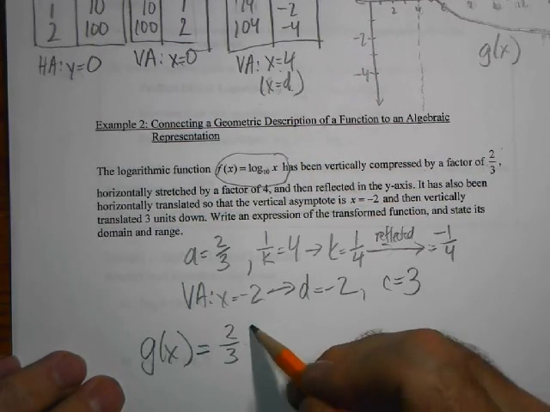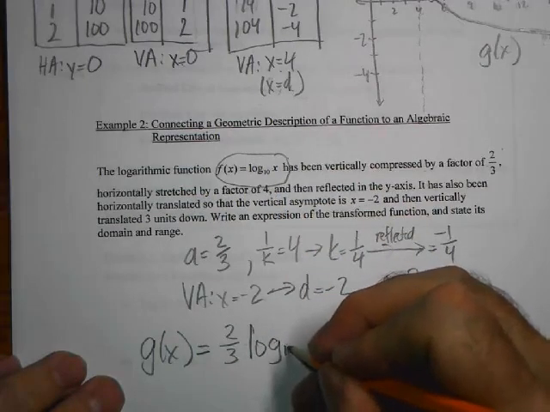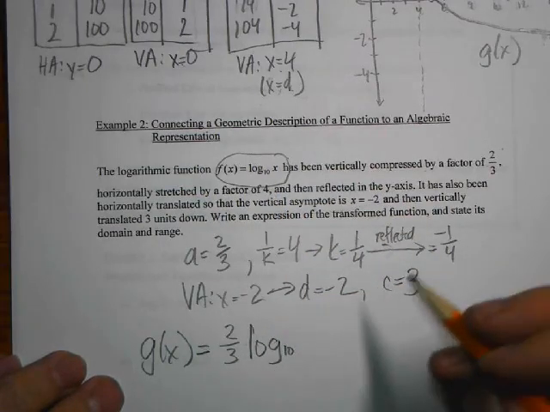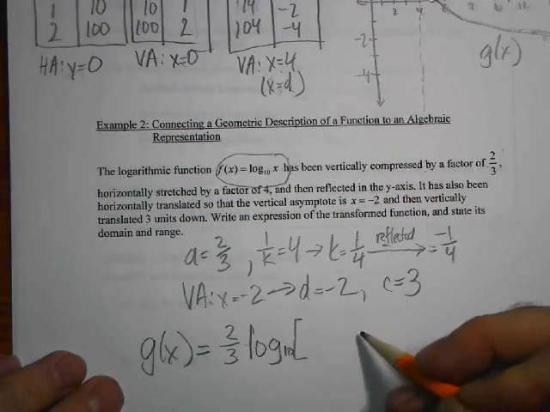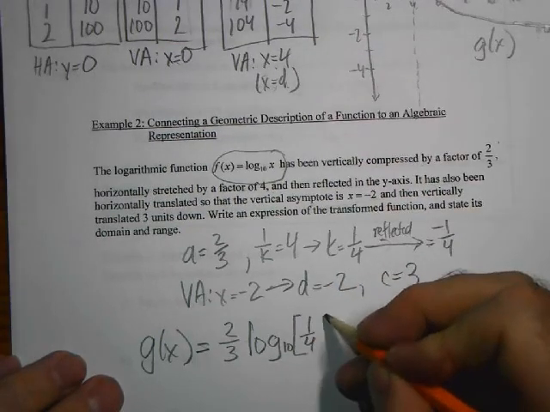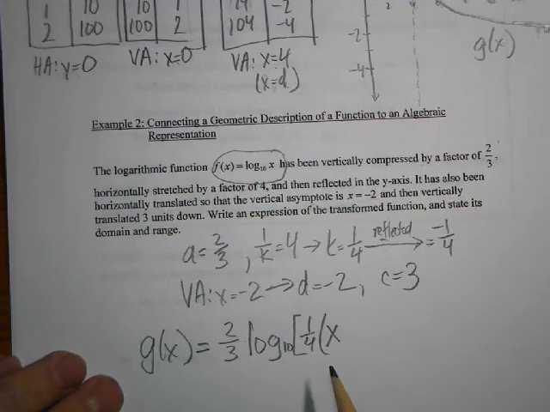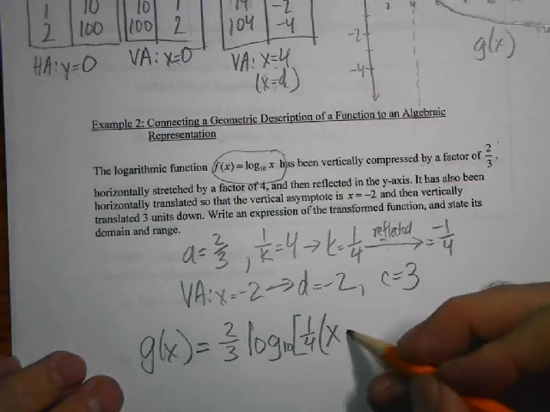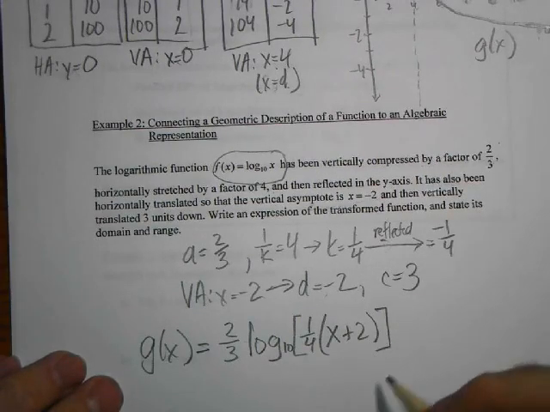And then we have our log. So this log function was base 10. So you don't have to put the 10 there, but there's nothing wrong if you do. And then in some square brackets, this is where I put my k. K is 1/4 bracket x. And then it's going to be minus d. So it's minus negative 2, which is plus 2, round bracket, square bracket, and then plus c.